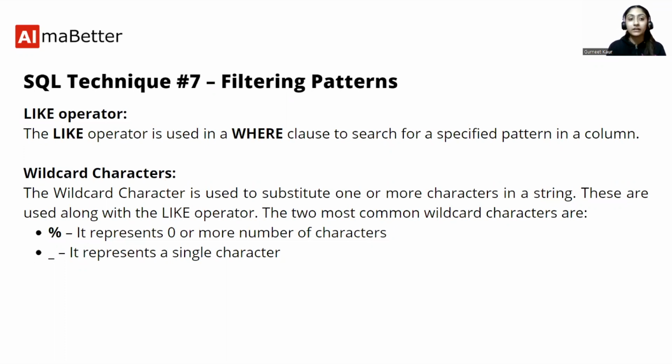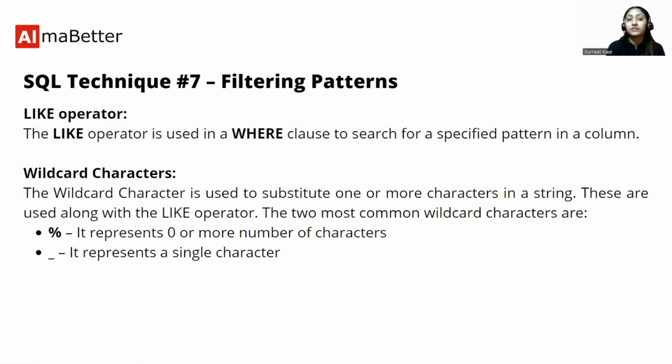The wildcard characters that we use are percentage and an underscore. Percentage matches any string with zero or more characters, while an underscore matches any string with a single character. And this LIKE operator is only used when only a fragment of text is known.